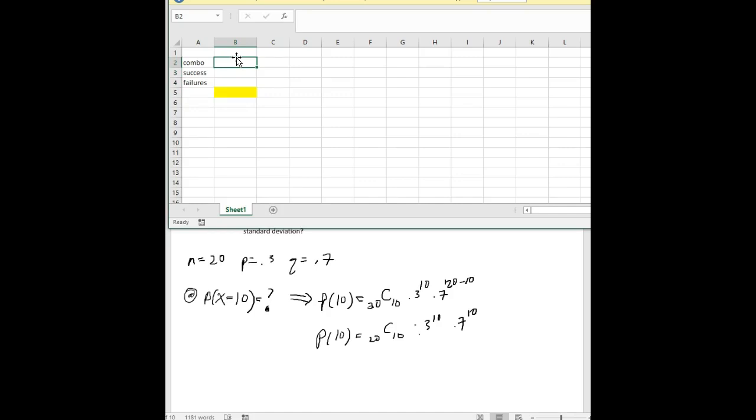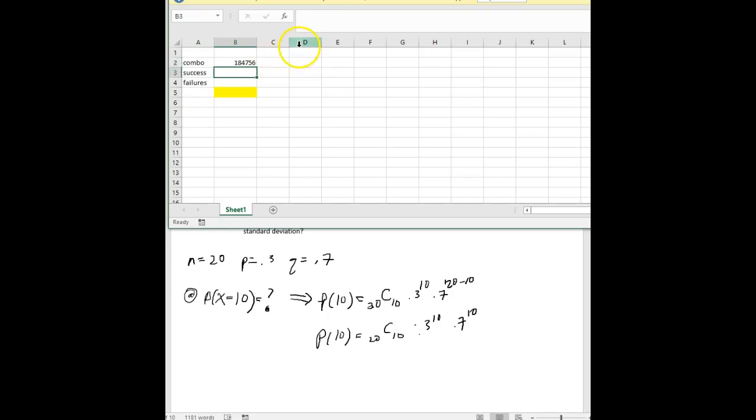Let's do the choose portion, our combinations portion. So we want to do that 20 choose 10. So you're learning a little Excel here as well. We would go to the cell next to it and say equals COMBIN of the number you're going to choose from, 20, and the number you're going to choose, so 20 comma 10.